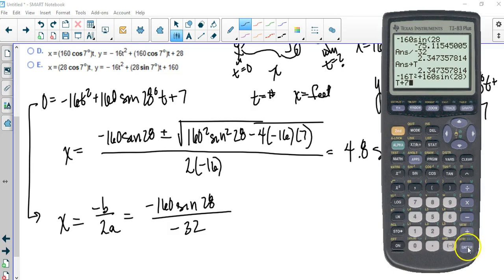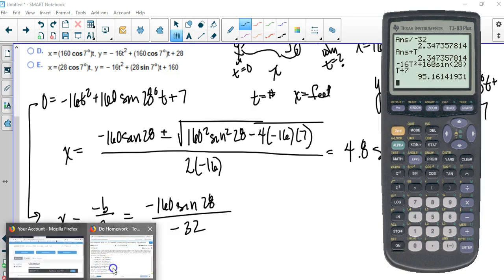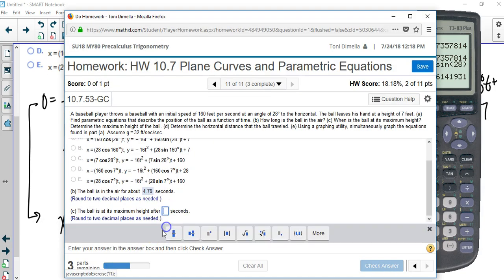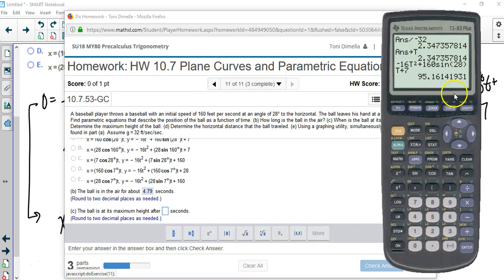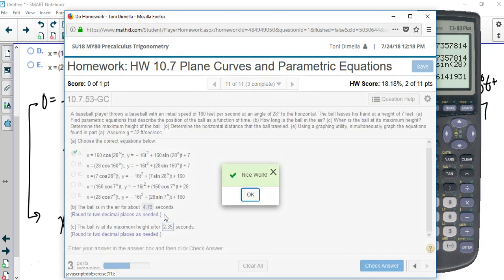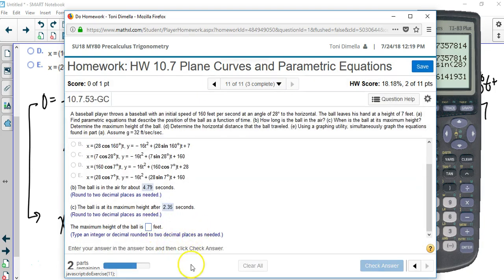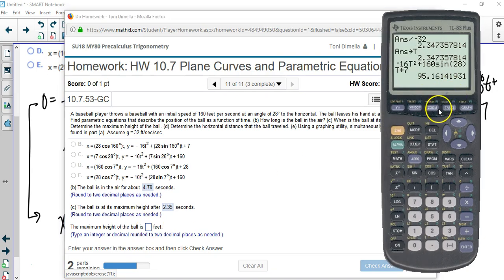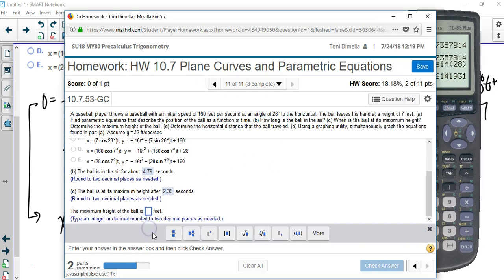That can be a sneaky one. 95.16 if they still want 2 decimal places. Maximum height. Oh, when does it happen? Oh, I did too much work. 2.35. Now they want to know what that is. 95.16.